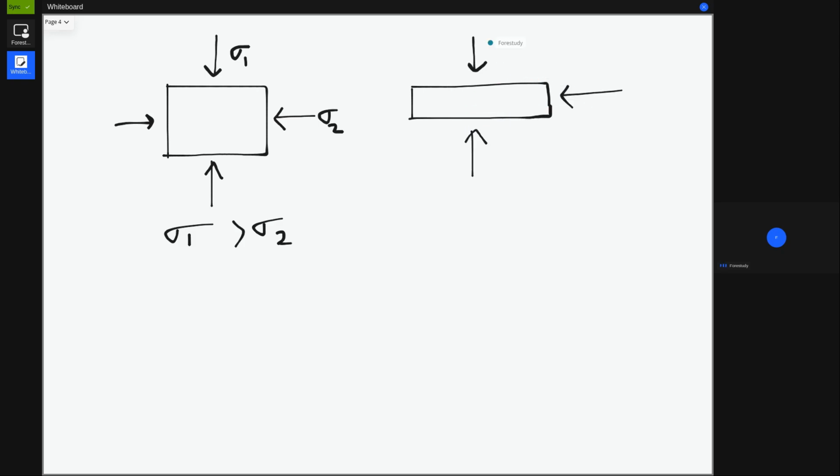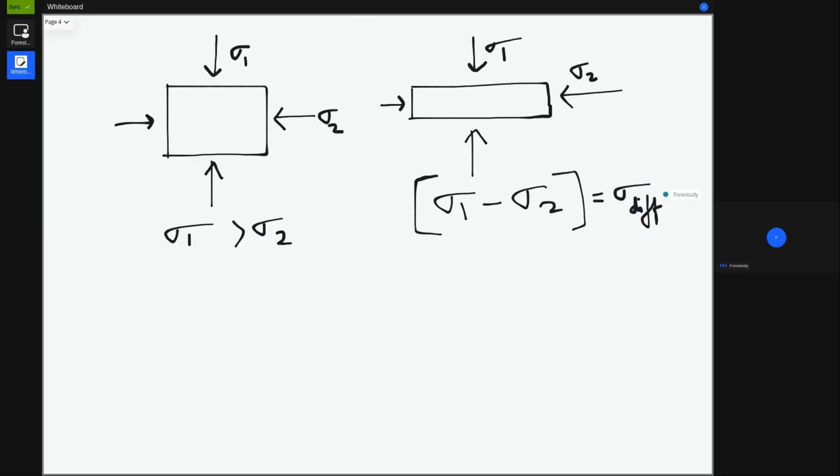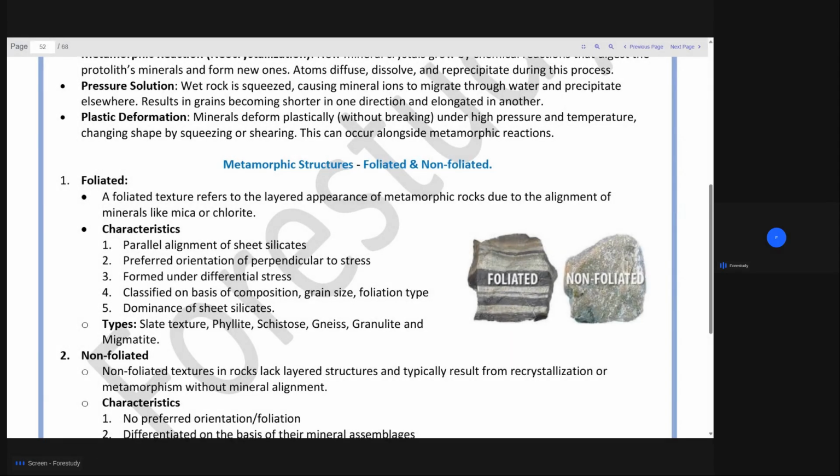So sigma 1 minus sigma 2 is called the differential stress. Because the stress amount is different in different directions, this results in foliation.